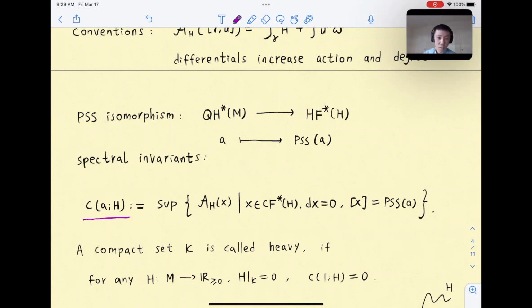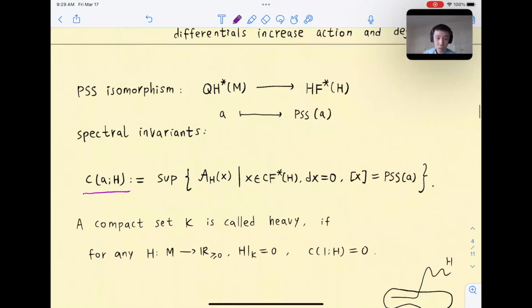It is defined as the largest action of x, such that x is some chain level representative of this class PSS(a). That is, we fix this class PSS(a), then we look for the largest action of its chain level representatives. This is defined as the spectral invariant of a and H.